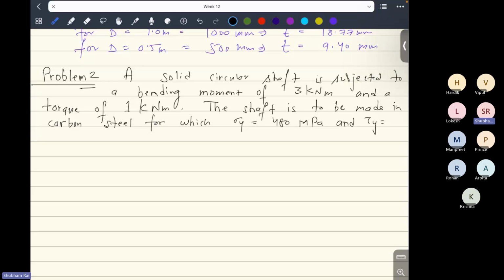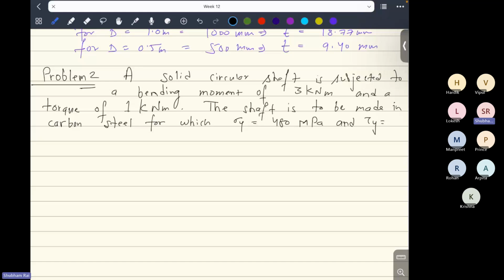So half of this will be how much? Actually, it will not be half. To be exact, it will not be half. It will be, I think, 480 divided by root 2. So the half is as per maximum principal stress theory, right?